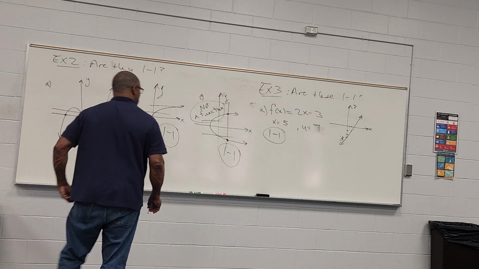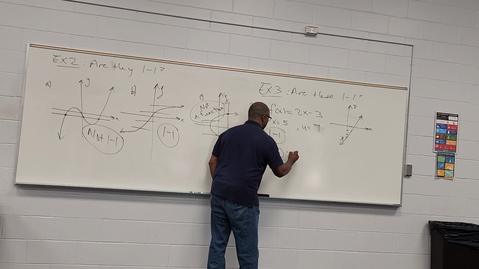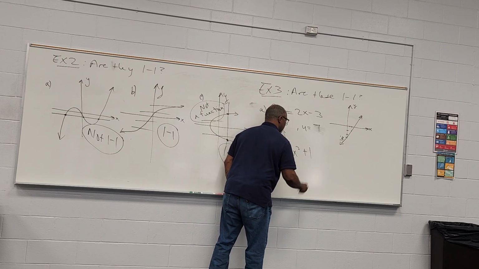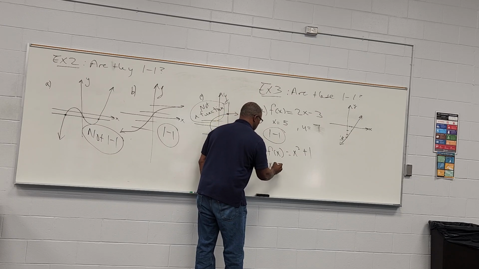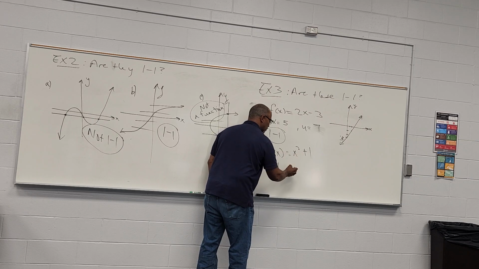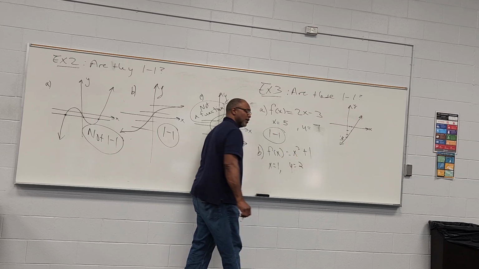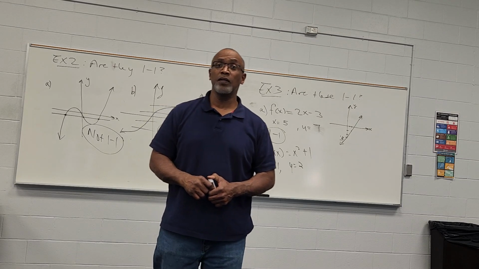B, f of x equals x squared plus 1. Okay? And I do the same type of analysis. Let's say x equals 1. When x equals 1, 1 squared plus 1 means that y equals 2. Again, I ask myself, is there any other way that I can get y equals 2?